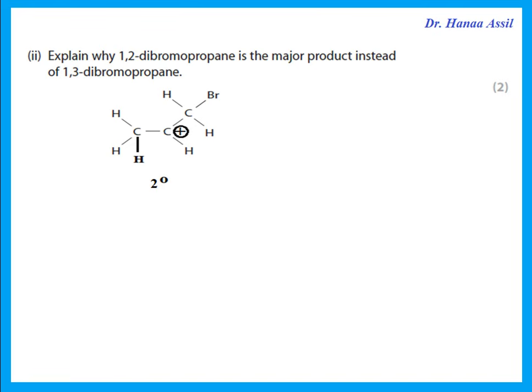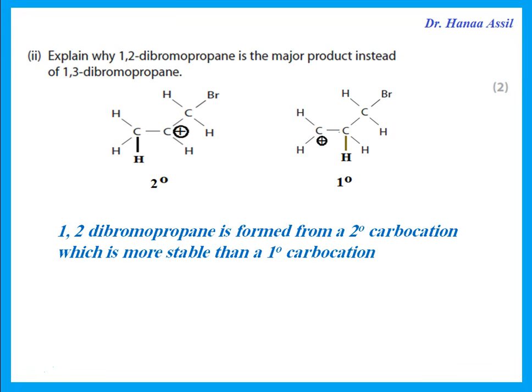Well, this is because the 1,2-dibromo was formed from a secondary carbocation. In order to form 1,3-dibromo, I would have a primary carbocation, and you should remember that a secondary is more stable than a primary. So the 1,2-dibromopropane is the major product because it is formed from a secondary carbocation, while the 1,3-dibromo would be formed from a primary, which is less stable.